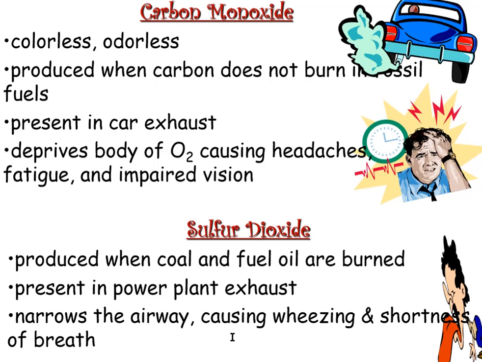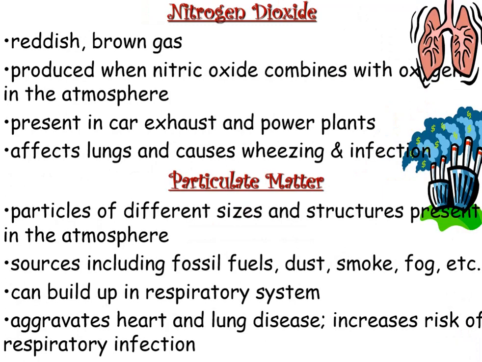Sulfur dioxide is also a gas produced from coal and fuel oil burning, and generally the power plants and the industry which use this fuel for operating their plants release this sulfur dioxide. Once it goes to the human being, when you have sulfur dioxide in the air, it will cause coughing, sneezing, breathing problems and other sickness in human beings.